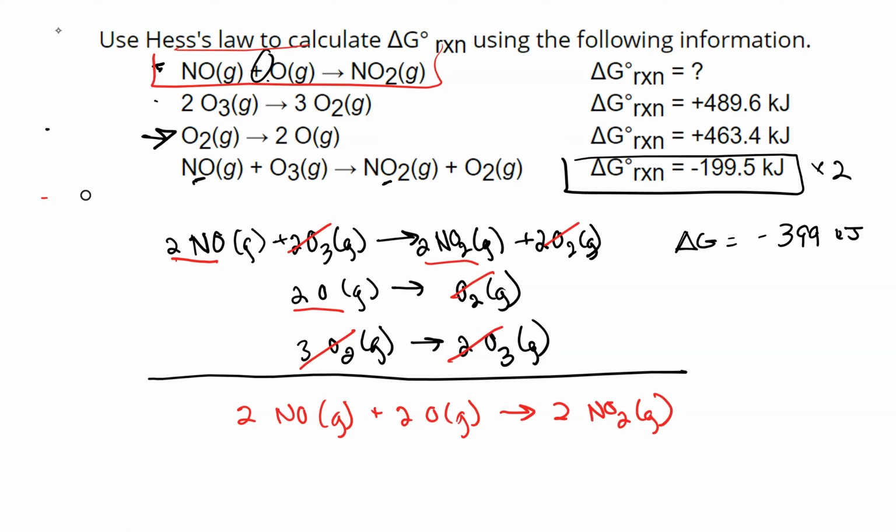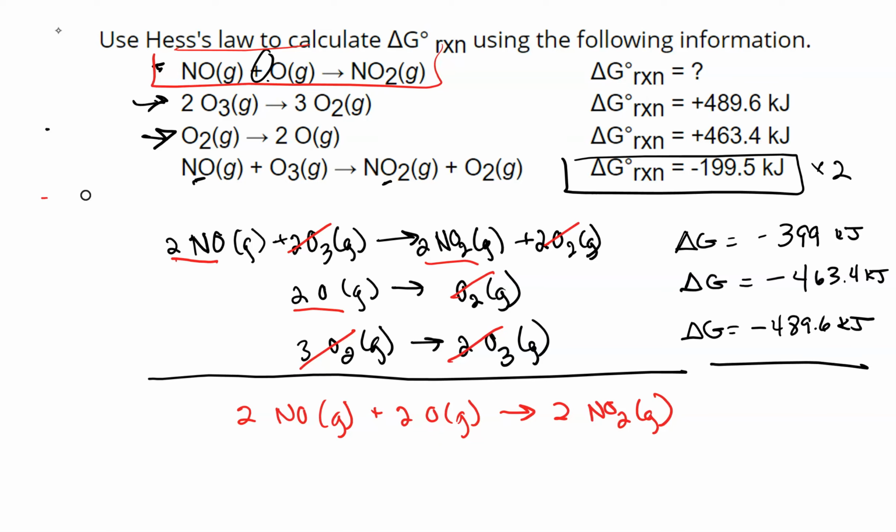So as described, it was positive 463.4 kilojoules, but because we drew it backwards to balance this, it's going to be negative that, negative 463.4 kilojoules. And then our 3 O2s goes to 2 O3s is the same situation where it's also been reversed. So instead of positive 489.6, it's negative 489.6.